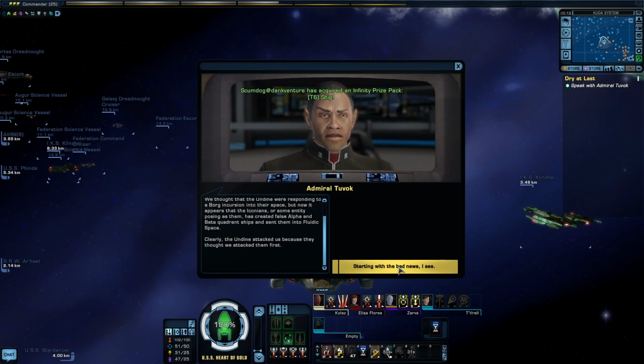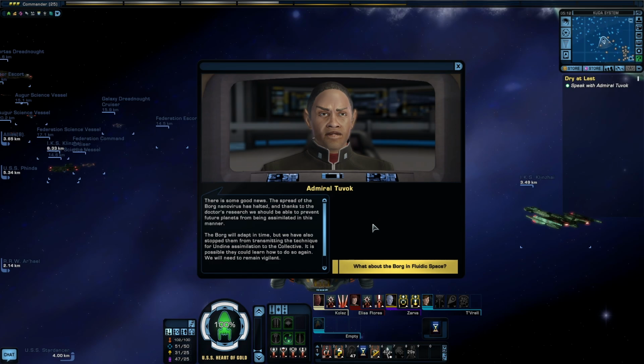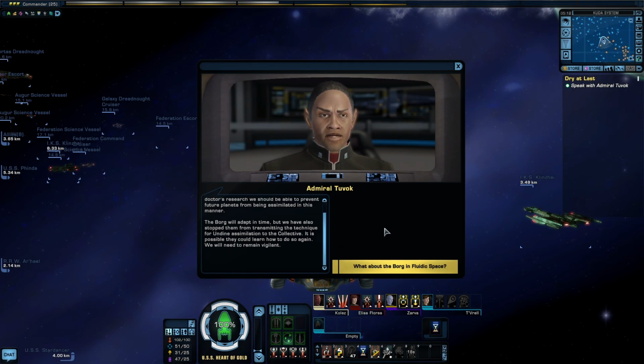Starting with the bad news, I see, Admiral. There is some good news. The spread of the Borg nanovirus has halted, and thanks to the Doctor's research, we should be able to prevent future planets from being assimilated in this manner. The Borg will adapt in time, but we have also stopped them from transmitting the technique for Undine assimilation to the collective. It is possible they could learn how to do so again. We will need to remain vigilant.